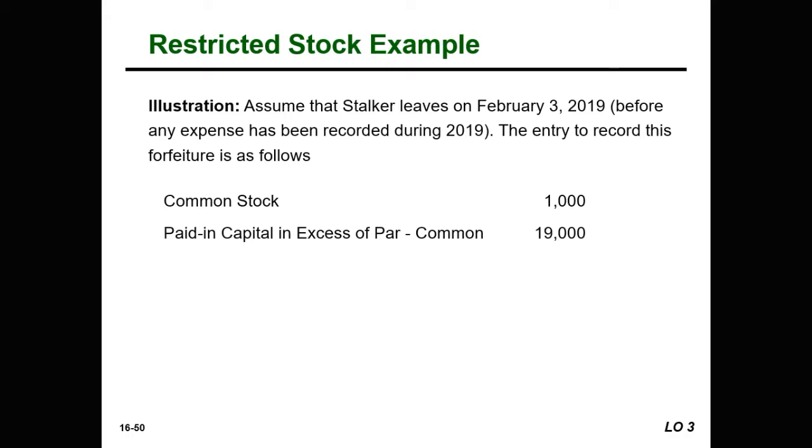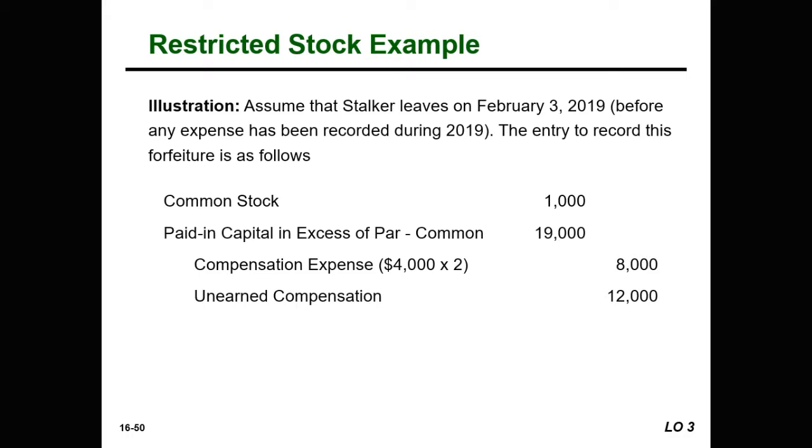We then would credit compensation expense, $8,000, for the 2 years that have been recognized. And we would credit unearned compensation, $12,000. Restricted stock has a lot more entries tied to it, but the format of the plan is more on par for transparency, integrity, and tie-in of key employees to the strategic initiatives of the company in the long view.